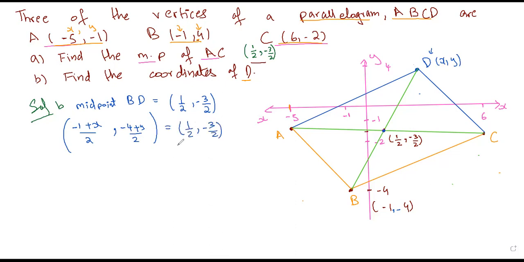Now, what do I understand by such an equation? That we basically have two equations. Minus 1 plus x by 2 equals 1 by 2, and minus 4 plus y by 2 equals minus 3 by 2.